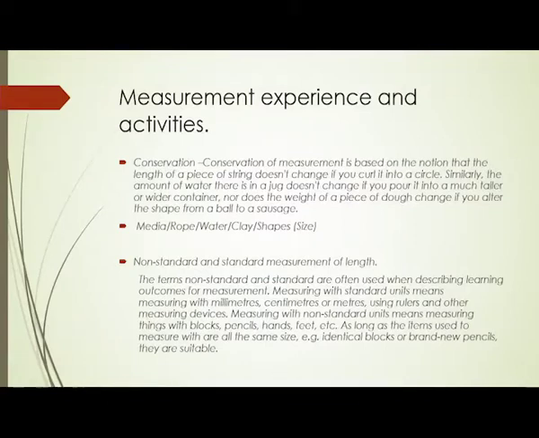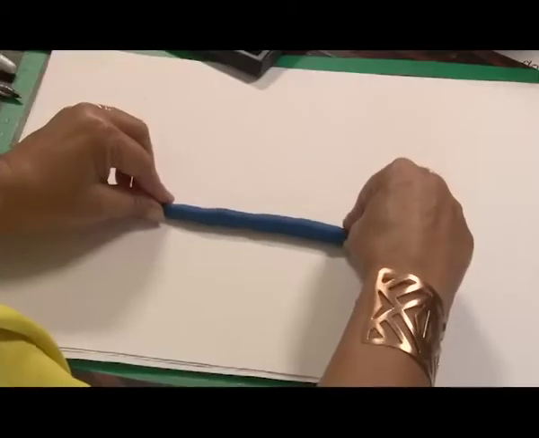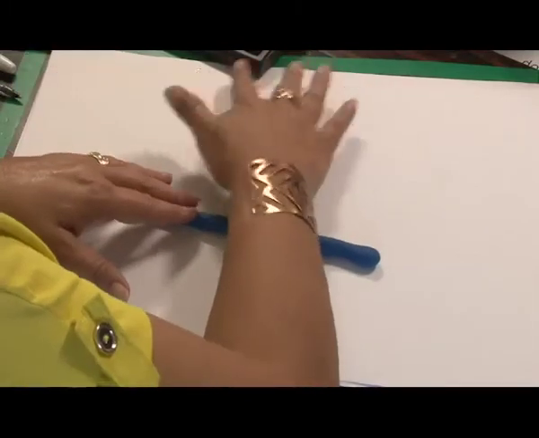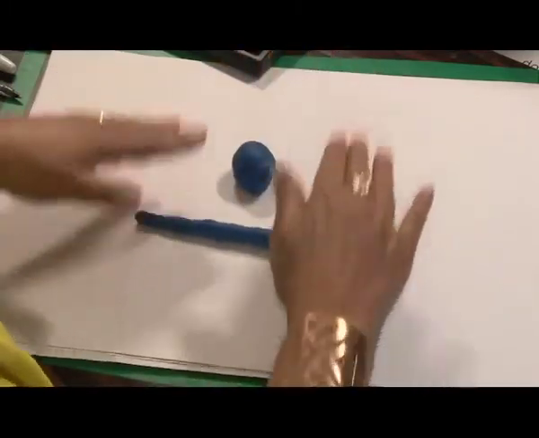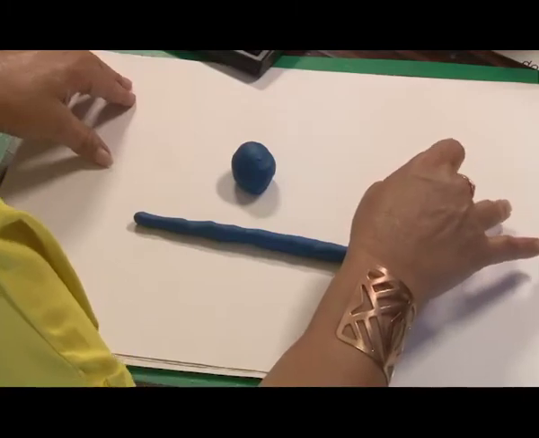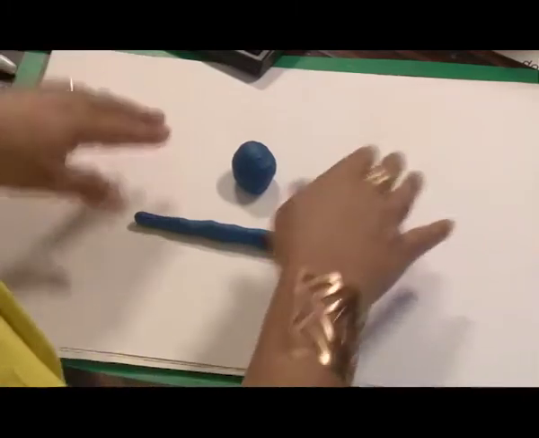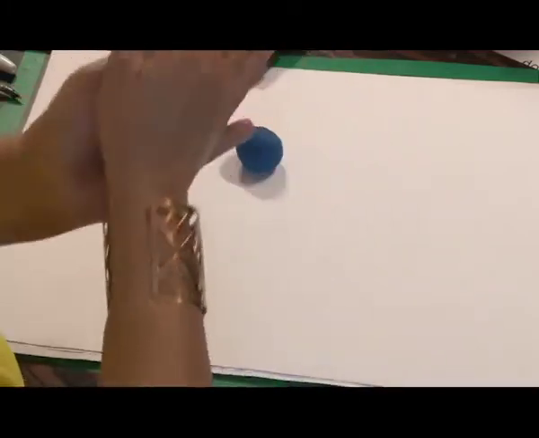Same. A piece of dough does not change when I have it in a ball or in a sausage. The weight, this has to do with mass. The weight does not change because it is exactly the same size.